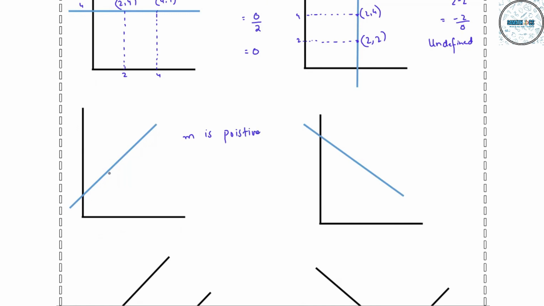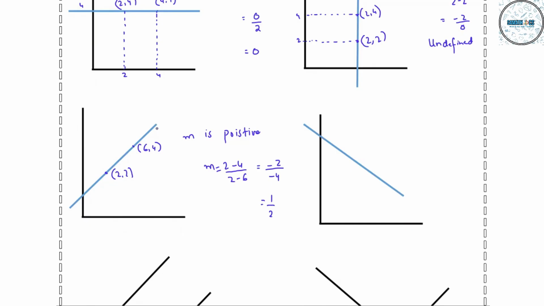If we consider two points, one here and another one here, and the coordinates are (2, 2) and (6, 4), and we take out its gradient, y2 minus y1, 2 minus 4 upon 2 minus 6, so it is minus 2 upon minus 4, which is equal to 1 upon 2.